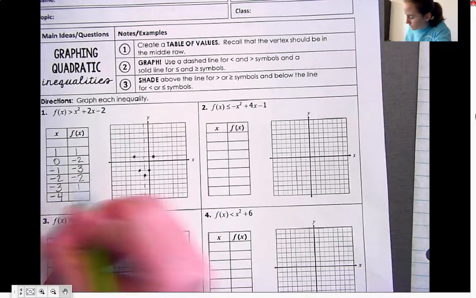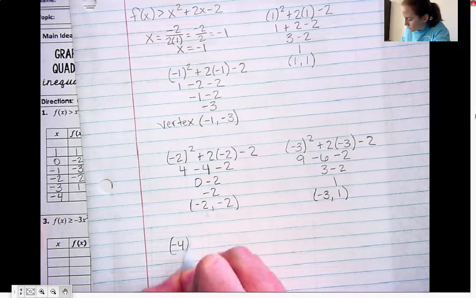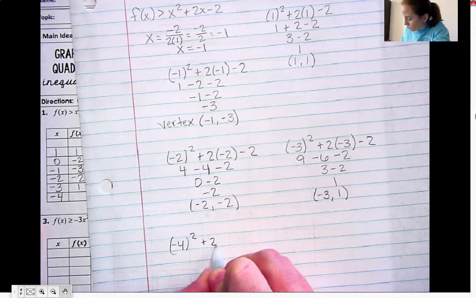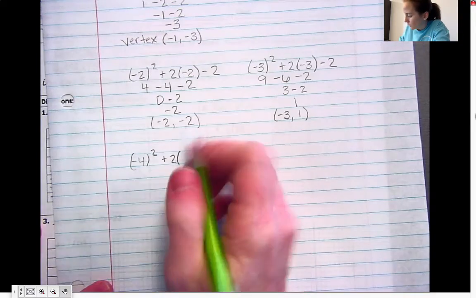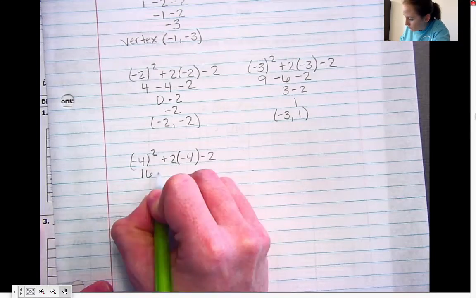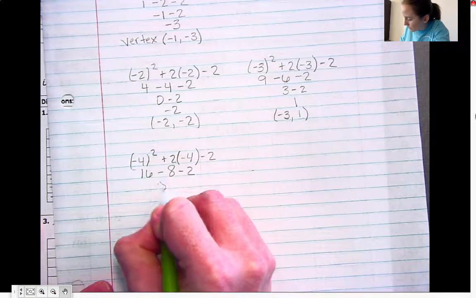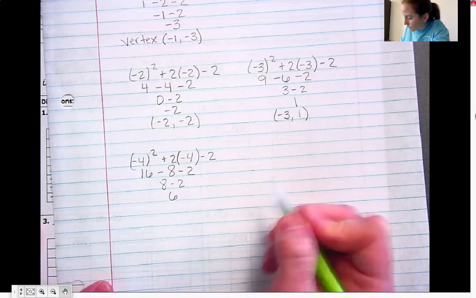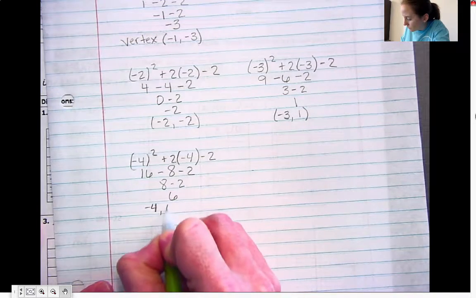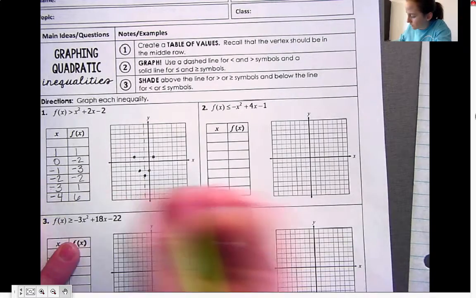Okay, and of course we can continue. Let's see what happens at negative 4. Negative 4, square it, plus 2 times negative 4 minus 2. 16 minus 8 minus 2. 16 minus 8 is 8, minus 2 is 6. So at negative 4, I get 6.